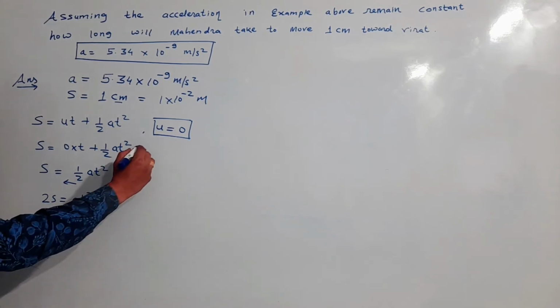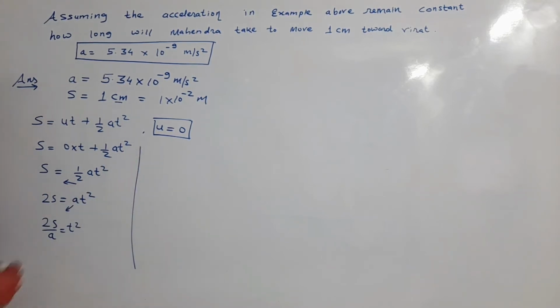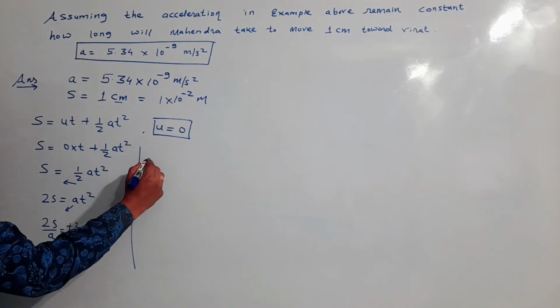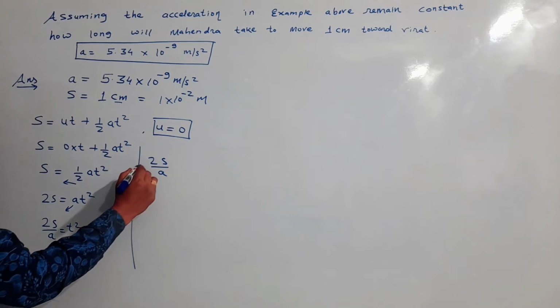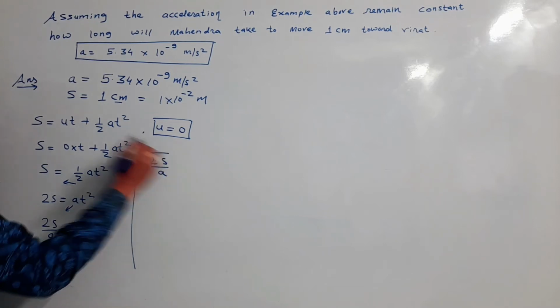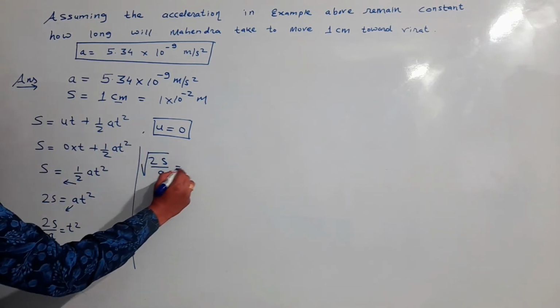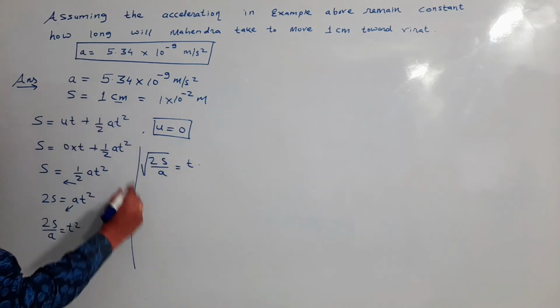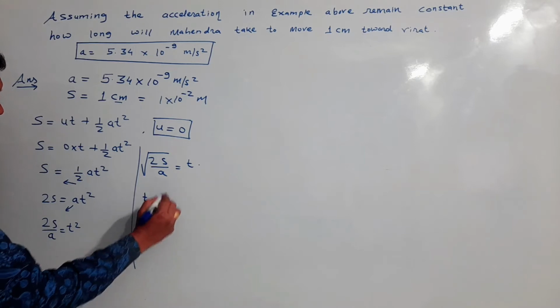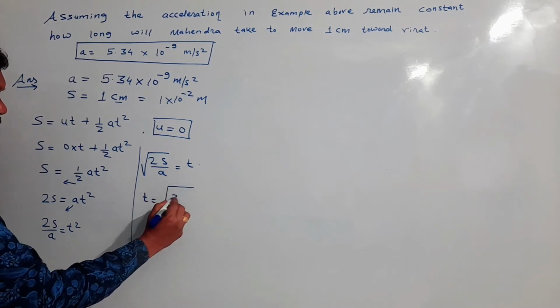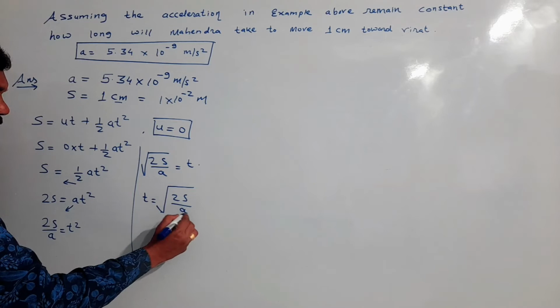Now we can write the under root of twice s upon a is equal to t. So we have got t is equal to under root twice s upon a.